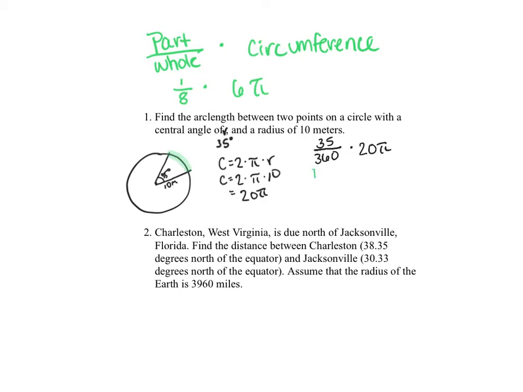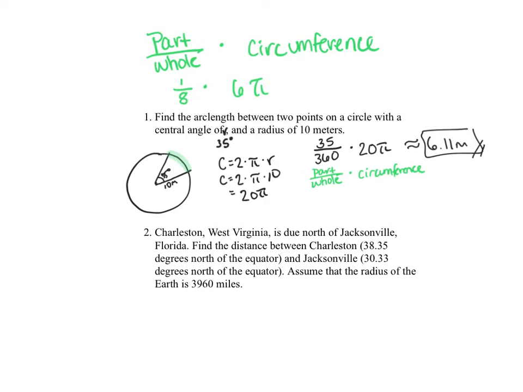So again, this is part over the whole times my circumference. And when I do that, that's going to get me about 6.11 meters. So not too bad. So that's the math that we're going to be using for these story problems. But now we have to put them a little bit more into context.